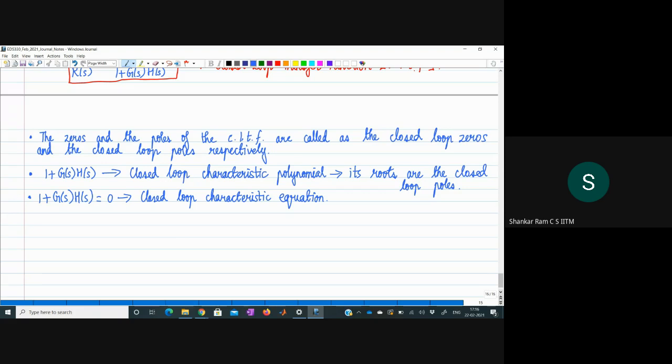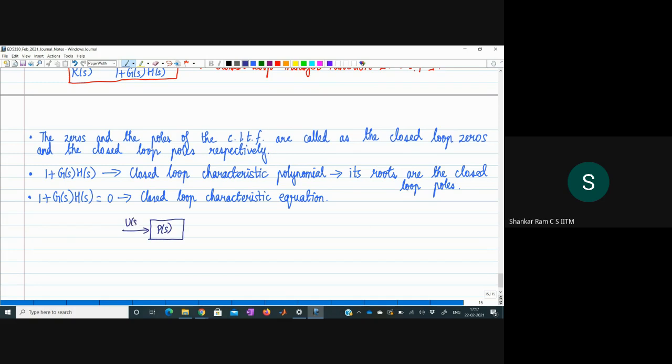All right. So now I'm going to draw the same feedback diagram in a certain way. So let me redraw what I drew first, and then we will discuss. Initially we had drawn the closed loop feedback diagram in this way.